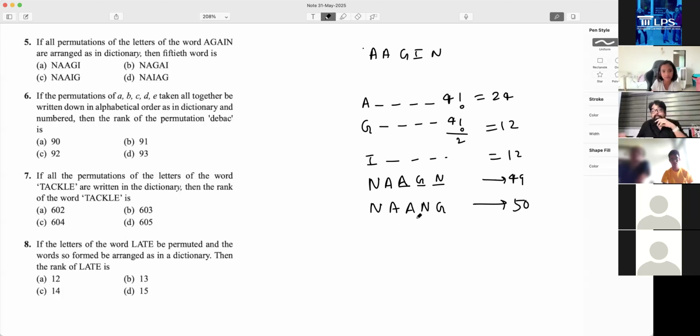Okay, sorry, mistake I did. Wait a minute. I just took N twice, N double A. So what is left? Double A gone, N gone. G and I. So first G will come and then I will come. That is the 49th. The 50th word will be I and G.